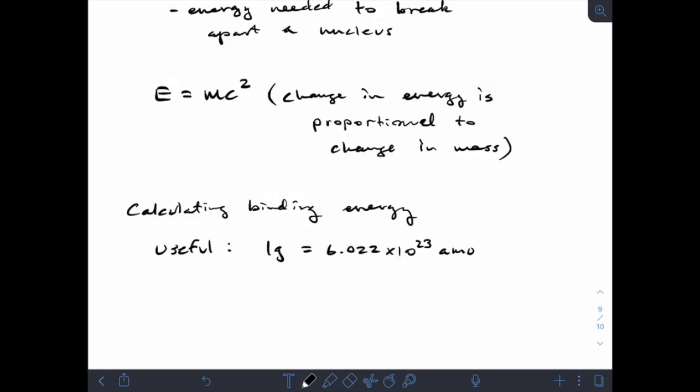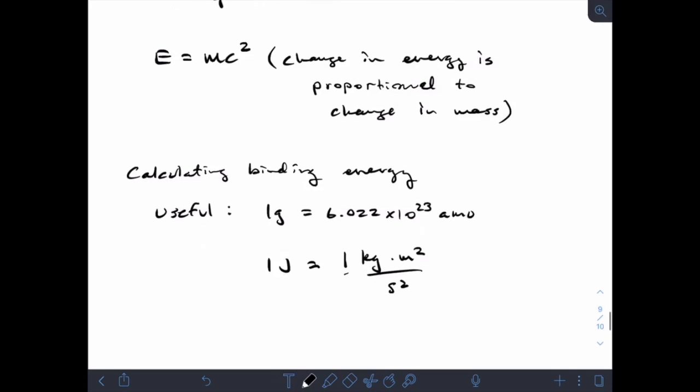Our mass defects are always going to be calculated in atomic mass units. The other useful thing, because we're talking about energy, is that 1 joule is 1 kilogram meters squared over seconds squared.